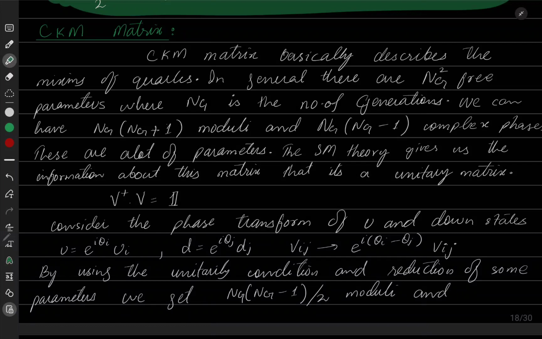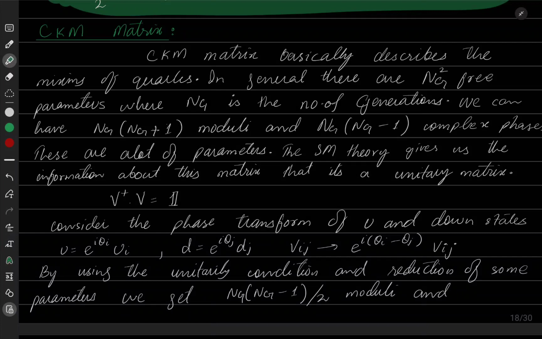Another thing is that according to standard model theory, the minimum requirement for the number of generations is 3, and there is no upper limit for the maximum number of generations. The minimum requirement is 3 because if we don't have 3 generations, we cannot accommodate the CP violation in the standard model.